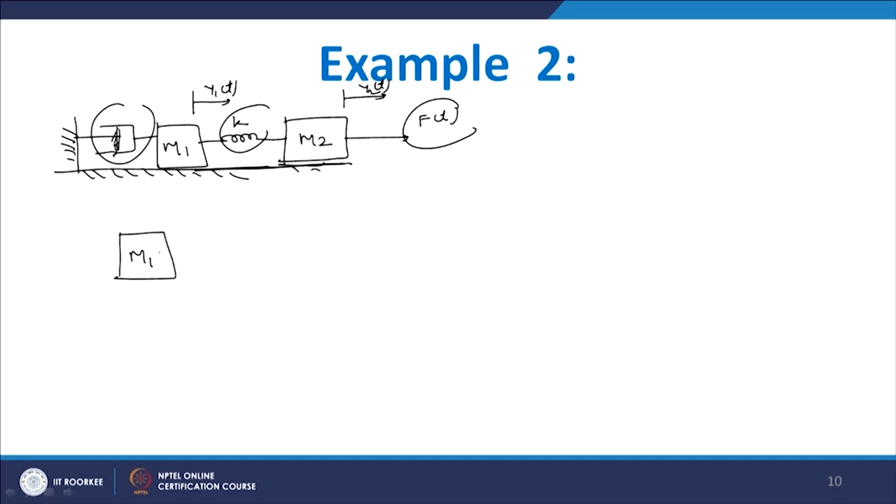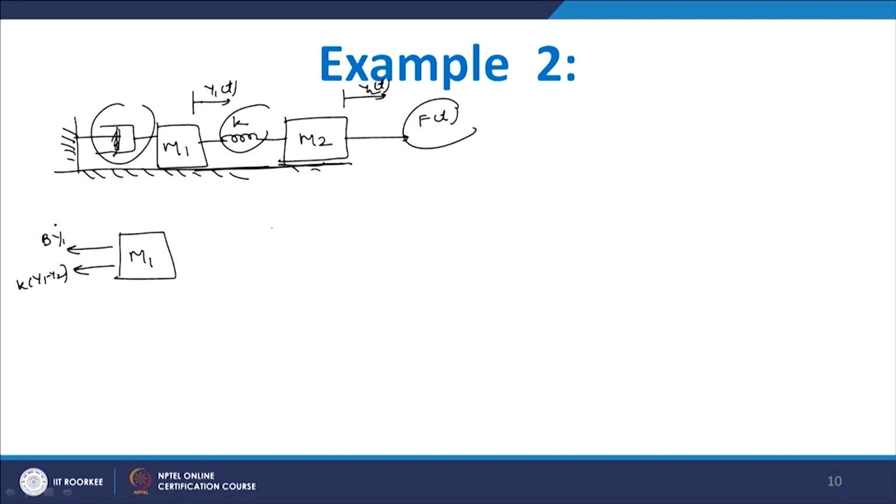Therefore, it will show in these directions equal to b y1 dot. The spring is proportional to displacement, whereas the damper is proportional to velocity, that is why we have shown y1 dot. So, here we write k times y1 minus y2, the spring involving two displacements y1 and y2.